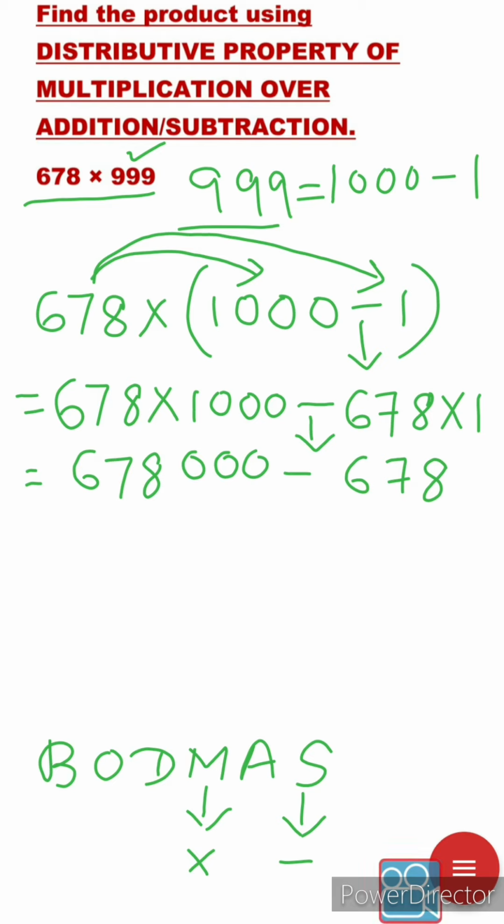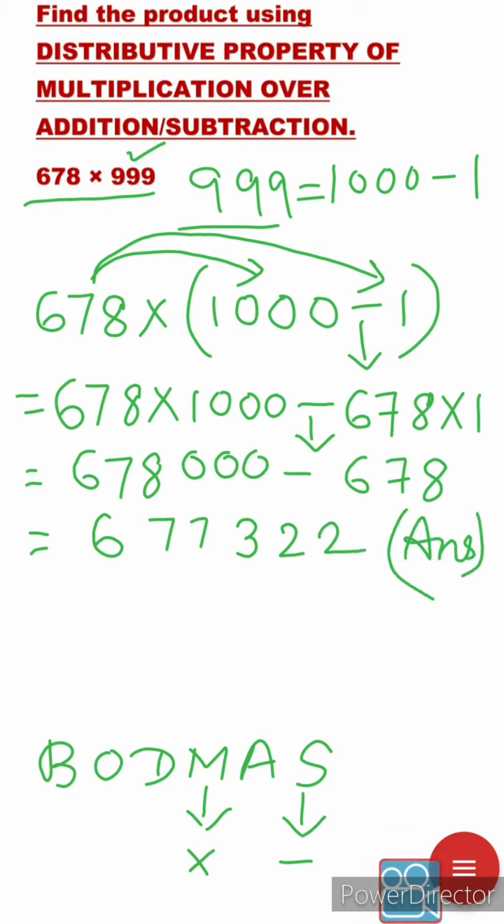Now what we will do? We will just do the subtraction part. Now we are only left with the subtraction part, that is 678,000 minus 678. Now if you subtract this, you will get 677,322 and this is your answer.